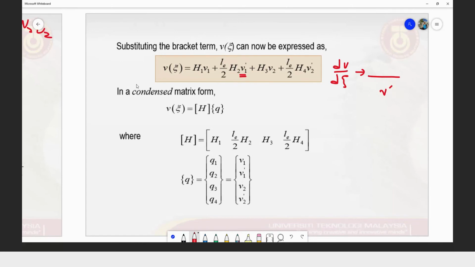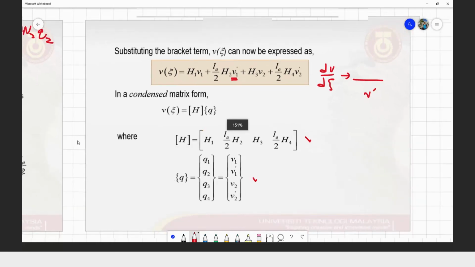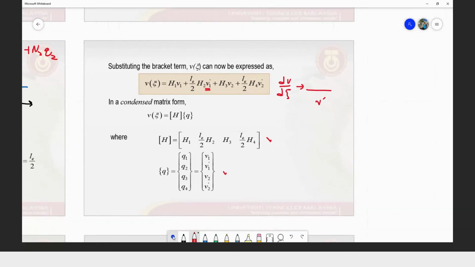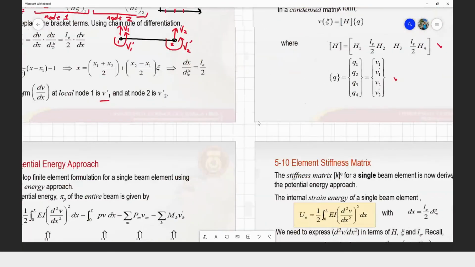So now our equation is written as a function of V and also V prime. So yang ni pun sama juga, equation akan diberi, cuma nanti kita tengok contoh macam mana kita nak pakai dia. So saya tak nak panjang lebar kat sini, nanti boleh tengok dekat videos dalam YouTube.